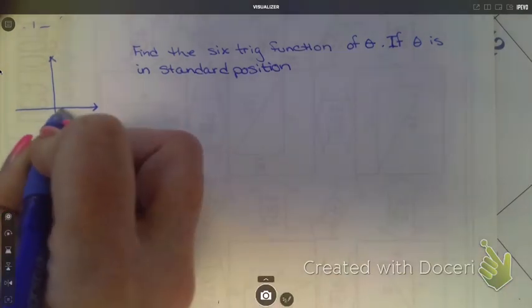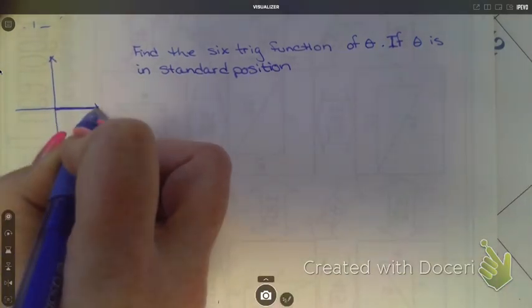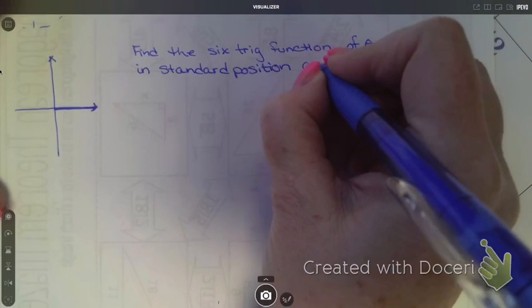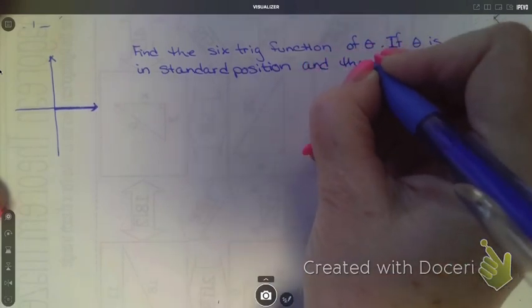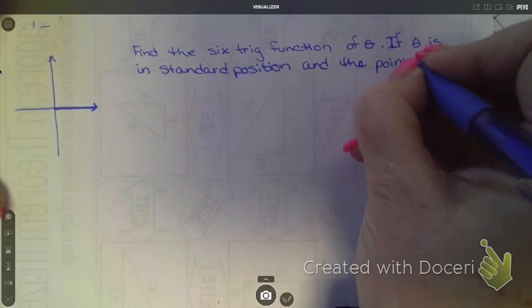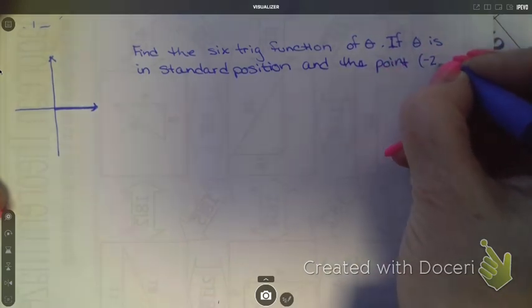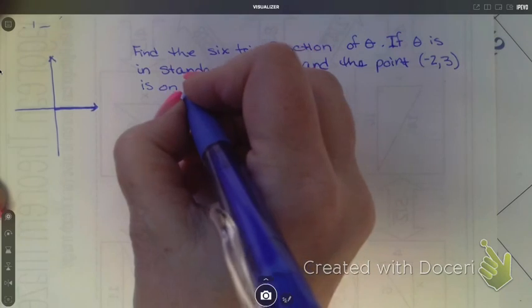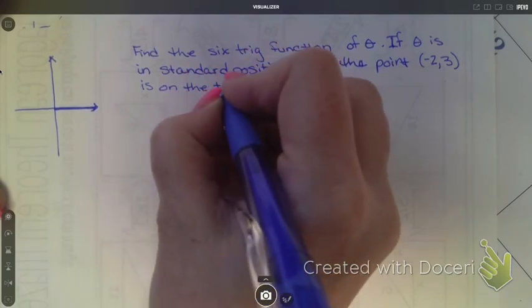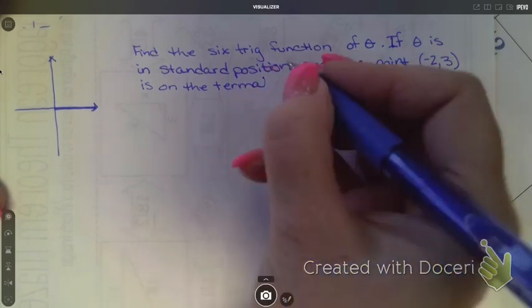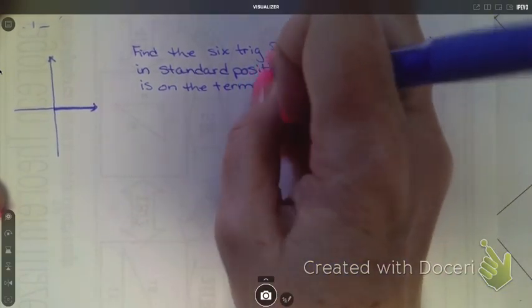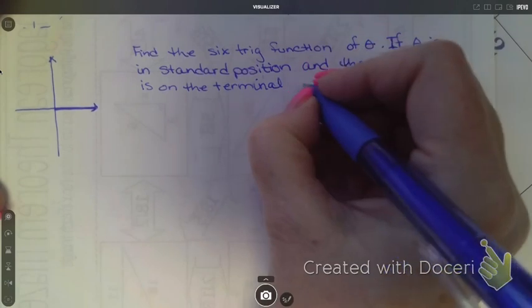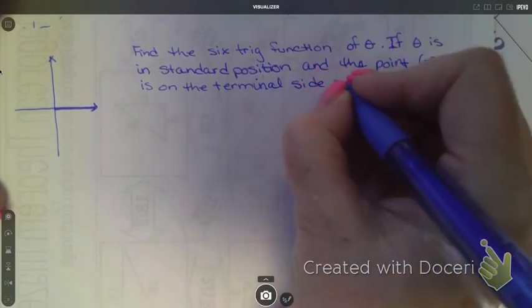It starts on the positive x-axis. And the point -2, 3 is on the terminal side of theta.